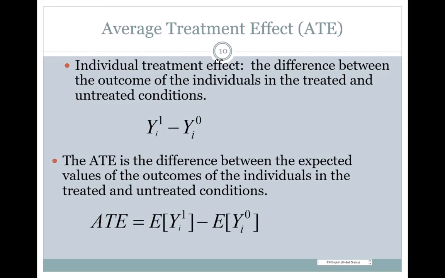The average treatment effect then is the difference between the expected value, which is the mean, of the outcomes of the individuals in the two treatment conditions. So here we have the expected value in the presence of treatment and the expected value in the absence of treatment, and the ATE is the difference between these two respective values.